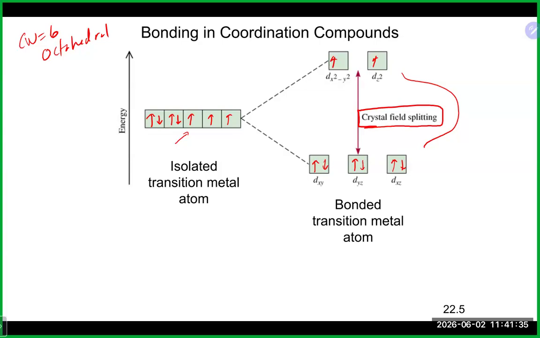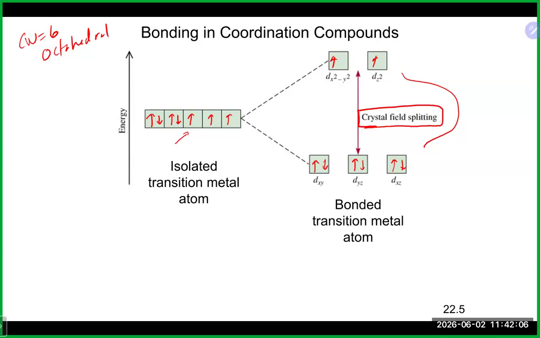And depending on the ligands that are there and the difference in the crystal field splitting, large splitting versus small splitting, we will end up with these d electrons in different orbitals. The result is that sometimes we end up with a lot more unpaired electrons, which is paramagnetic. It is also sometimes referred to as a high spin complex because it has a lot of unpaired electrons.